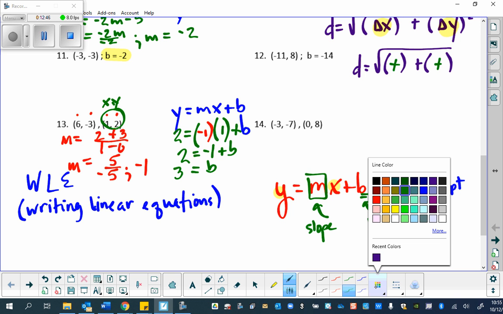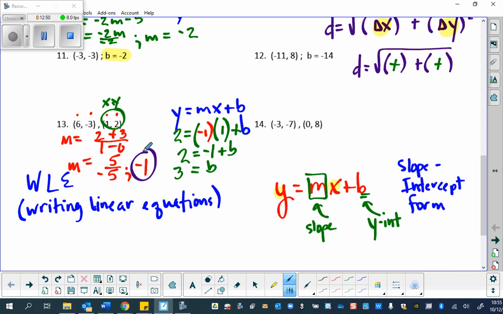Once I find my slope and once I find my b, I can plug that into my equation. Y is equal to my slope and my intercepts plugged in. My slope is negative 1 and my b was 3. And there's my equation.